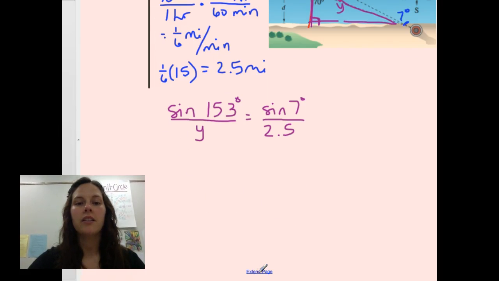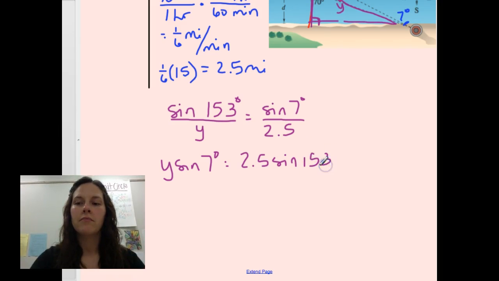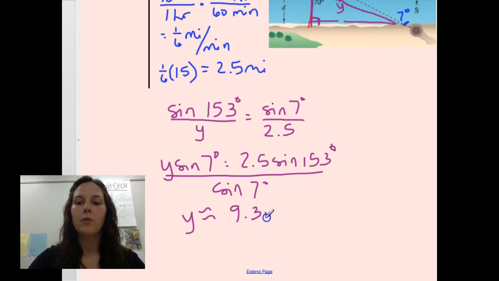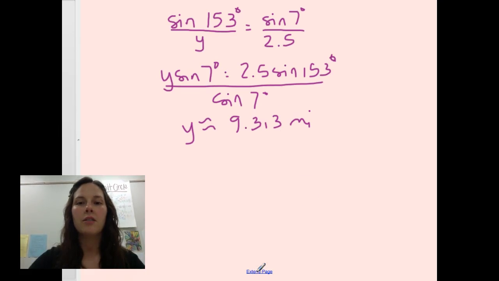Using cross products, we get y times the sine of 7 equals 2.5 times the sine of 153 degrees. So when we divide both sides by the sine of 7, we get our y value is about 9.313 miles. Okay, so that's the hypotenuse of the triangle.